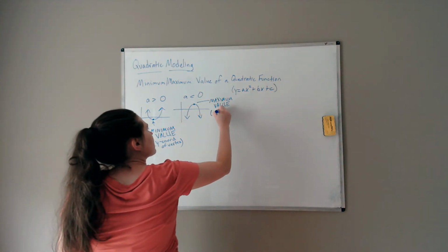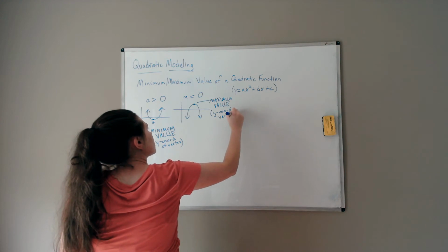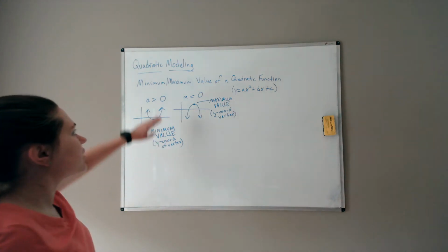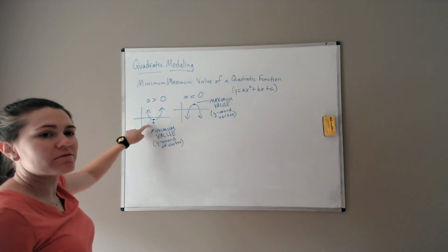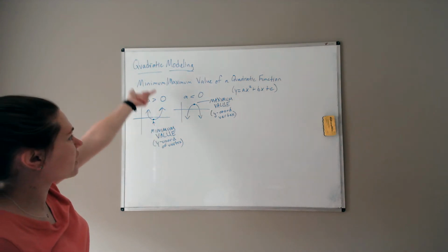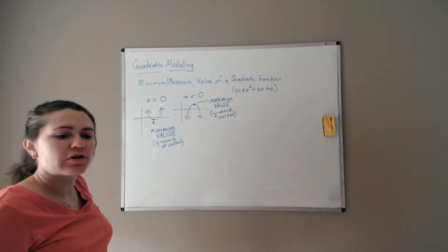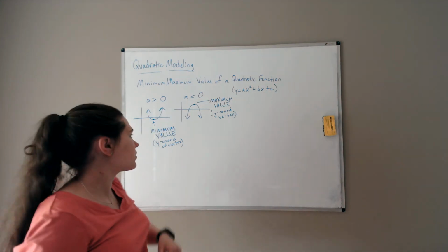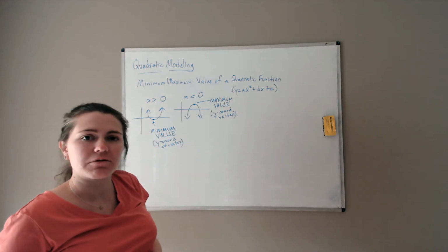So the maximum value is the y coordinate of the vertex. If a is greater than 0, you have a minimum value, and you can't have a maximum value because your outputs will go to positive infinity. If a is less than 0, you have a maximum value but no minimum value, because it's going to keep going down to negative infinity.